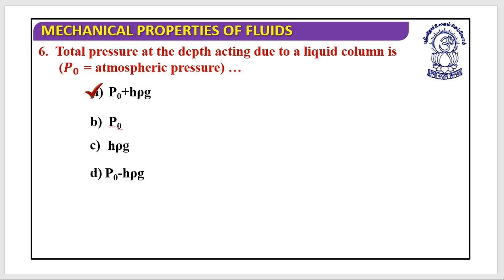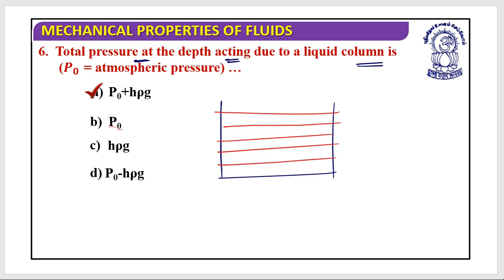And next, the total pressure at depth acting due to a liquid column is something like this. This is the container, and this container is being filled with the fluid, and let's suppose this is the point they were asking for. This is h.